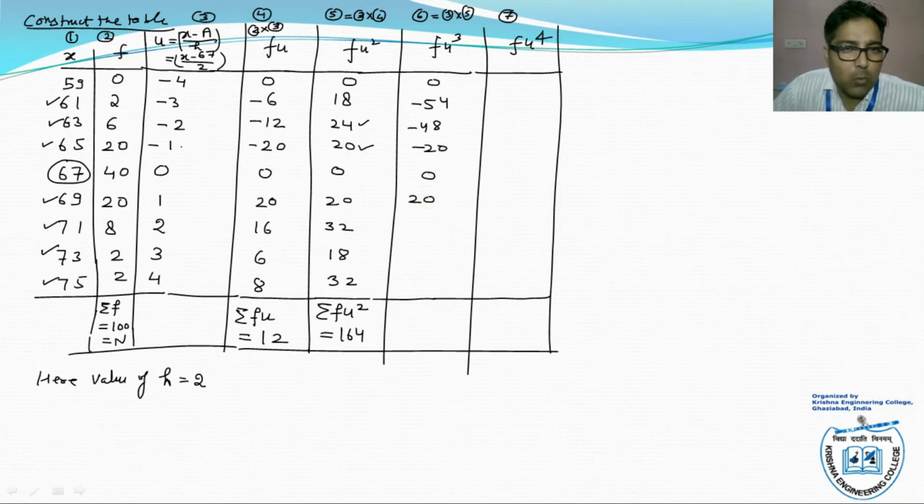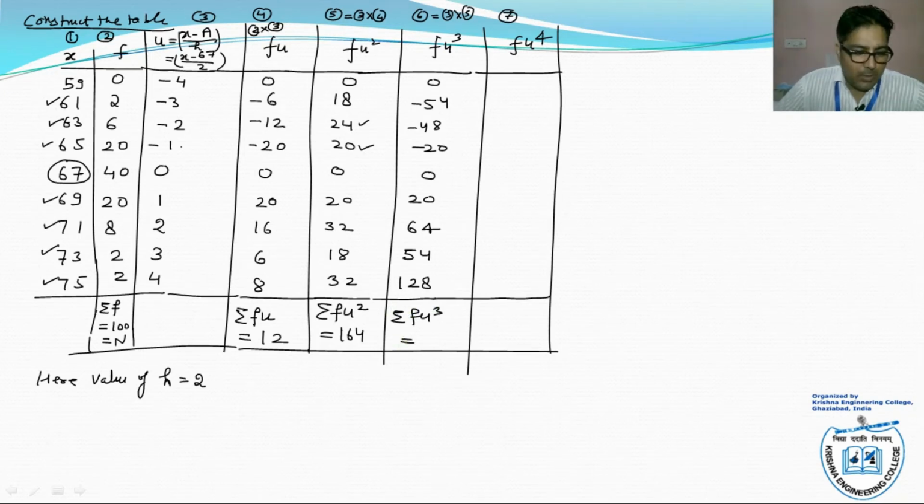The product of 2 into 32, 64. The product of 3 into 18, 54. The product of 4 into 32, 128. The sigma fuq becomes 144. Find it with the help of the calculator.